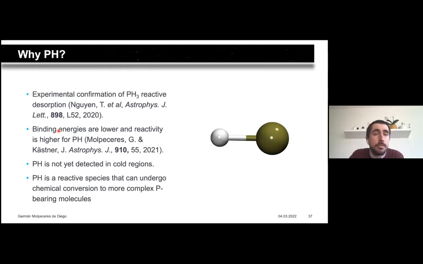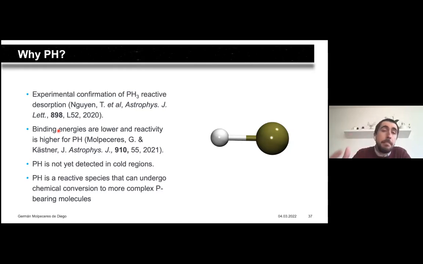Why I chose PH as a test case for the reactivity using machine learned potentials is because of several reasons. Very recently, it has been proved that the phosphine molecule is able to undergo the reactive desorption events that I've been talking about.